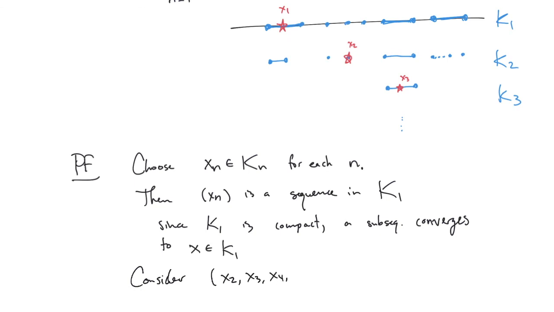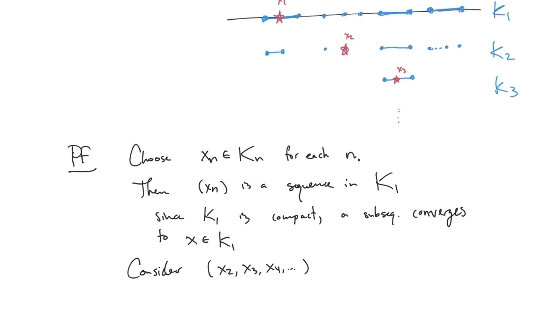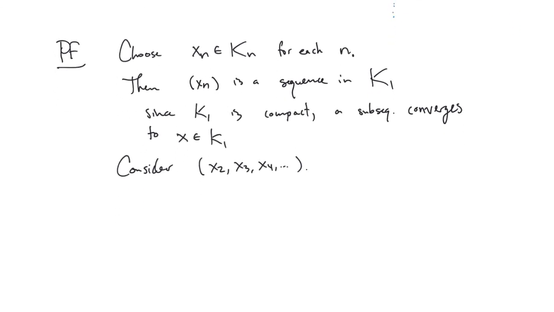So if we consider only x2, x3, x4, etc., just ignore the first point, it's the same sequence, so it still has the same converging subsequence, and it still converges to x. This same limit point x, right?